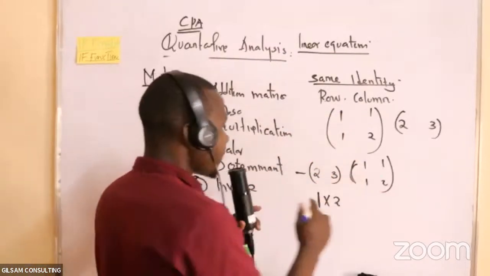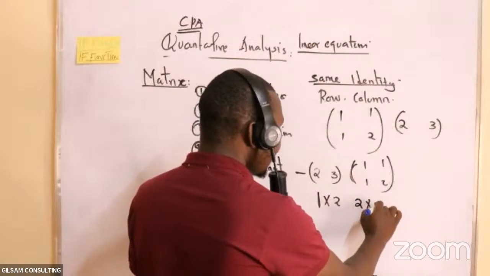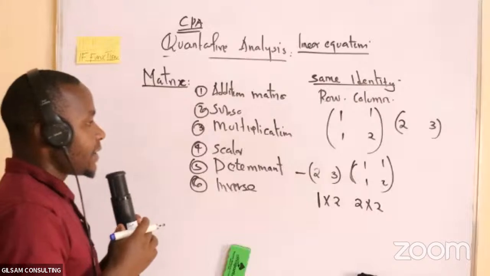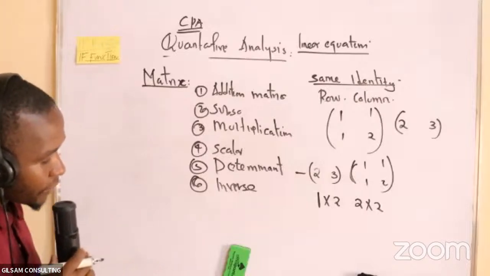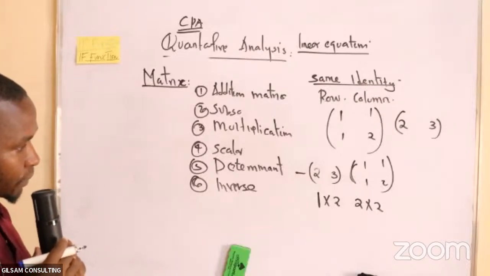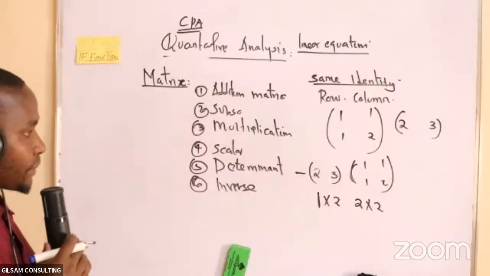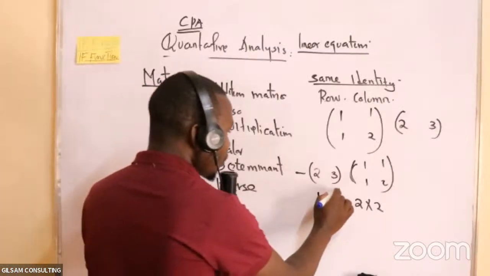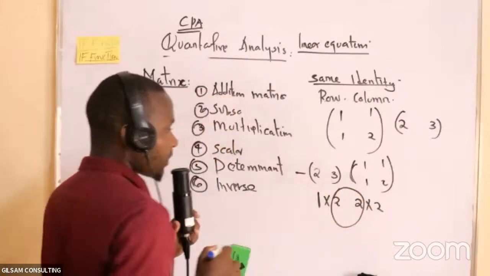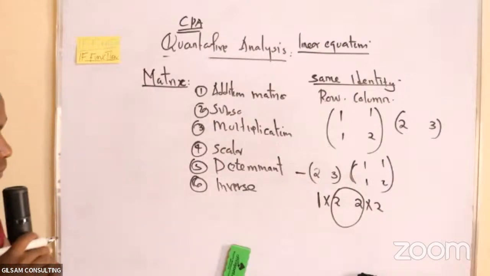So the column here is 2 by 2, right? Yes. So you said now this matrix is not compatible. It will be hard for you to add that matrix. So it is compatible. The reason is, look at the 2 here. Yes, so this matrix is compatible.